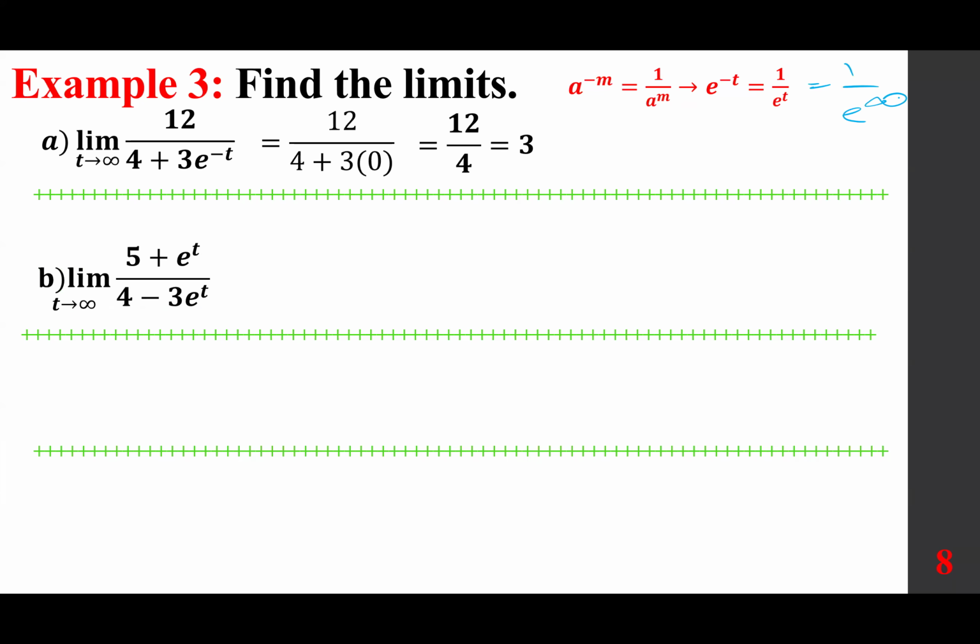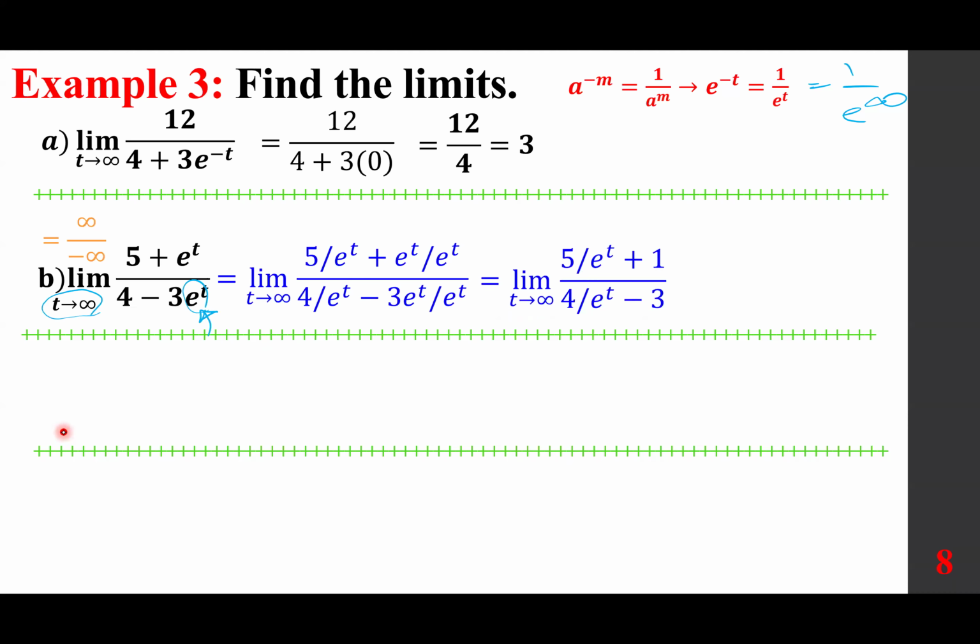What about this case? We plug in. The numerator becomes infinity, the bottom becomes negative infinity. And although this is not a rational expression, it is a fractional expression. Because t is approaching infinity and because it's a fractional format, you divide by highest value in the denominator, which is e to the power of t, and simplify.